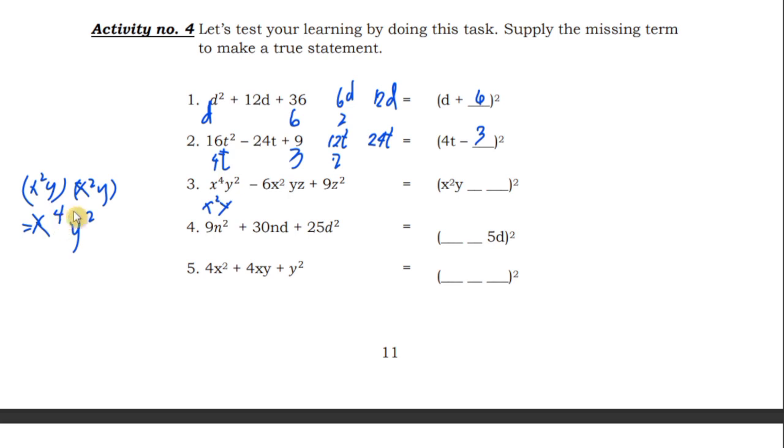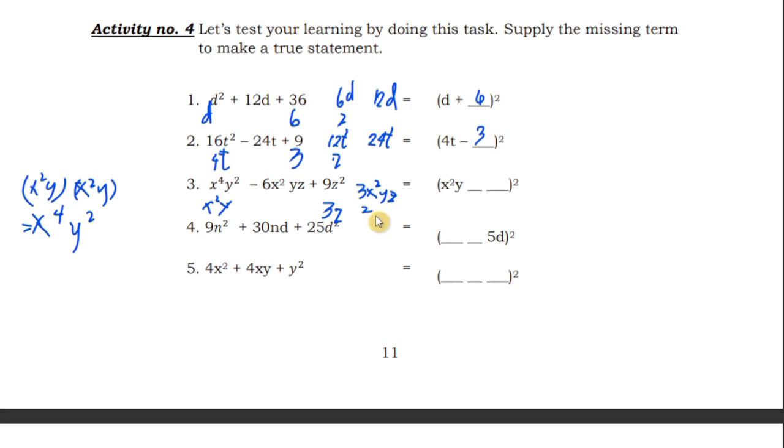So therefore x to the 4th y squared is a perfect square of x squared y, while 9z squared is a perfect square of 3z. Multiplying the two, we come up with x squared y times 3z, which is 3x squared yz.